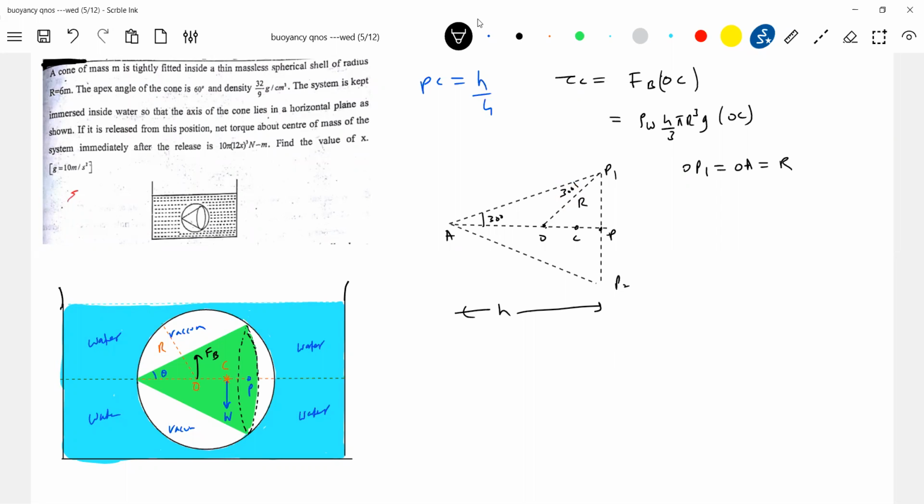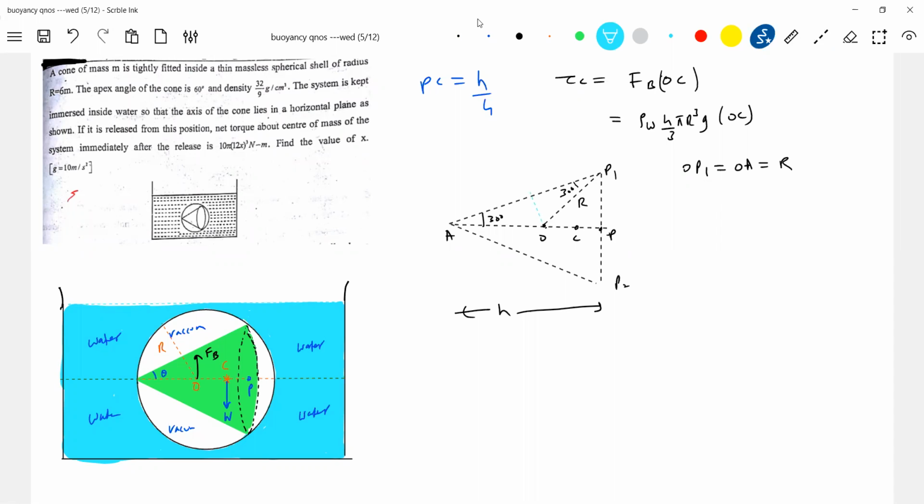Try to notice the diagram. So we know R. If you know OA and OP1, can we predict what is AP1? If you know AP1, from that I'll get AP. From AP, if I know, I can calculate CP. Pure geometry, nothing to do.